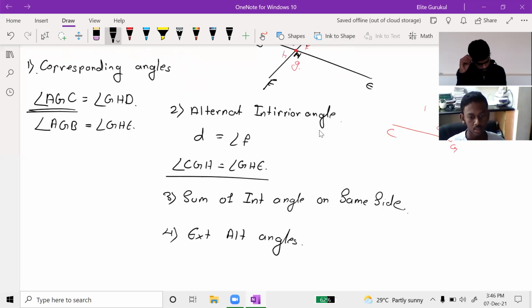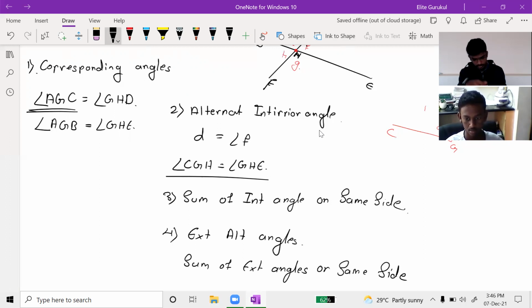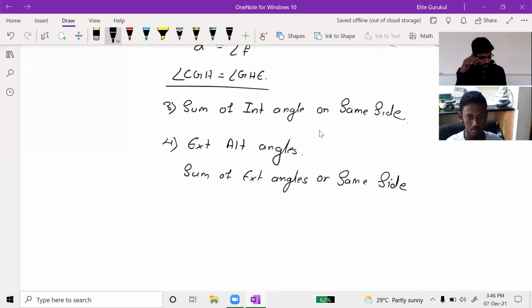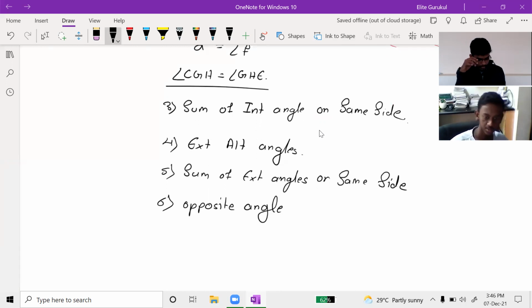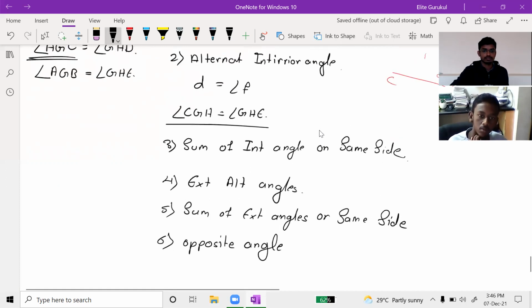Then it comes out to be sum of exterior angles on same side. And last but not the least, fifth and sixth one, opposite angles. Come on. You have only how much time you need to write all these things?